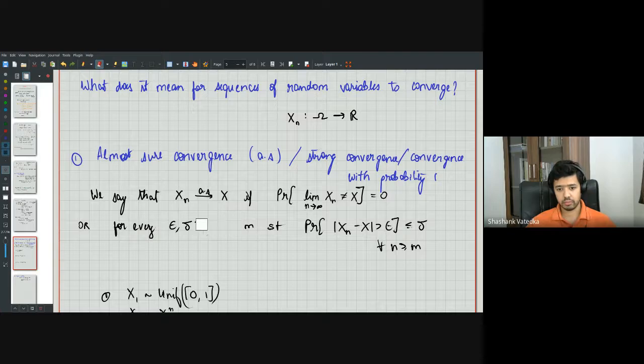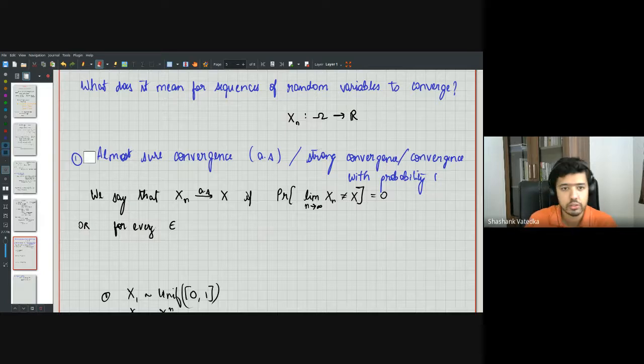So maybe I'd like to correct myself a bit. All right. So for every epsilon greater than 0, I can define, let's do it in the following way, this event Am.